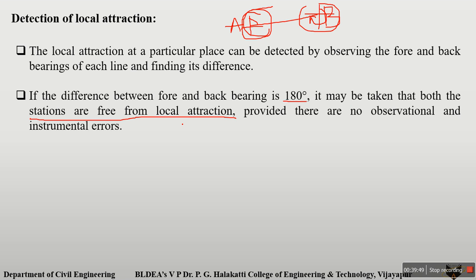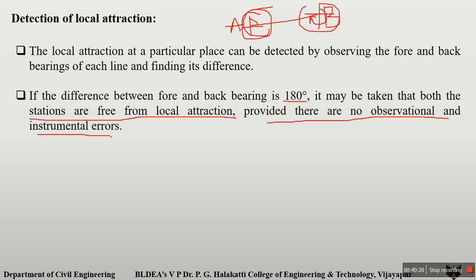Means there is no effect of local attraction, but you have to observe whether any other instrumental errors are present or not.